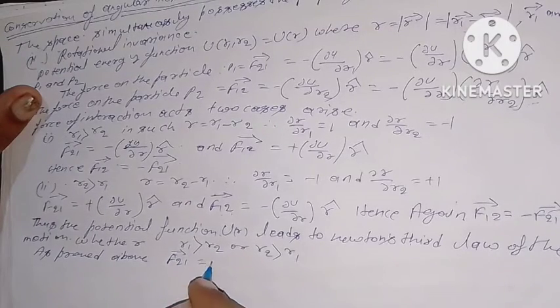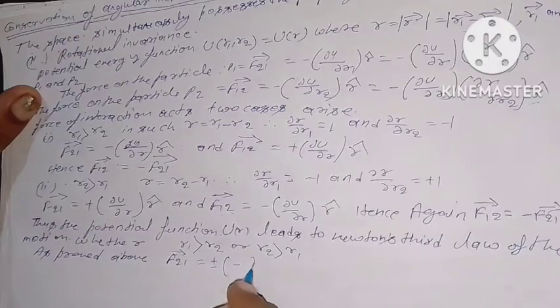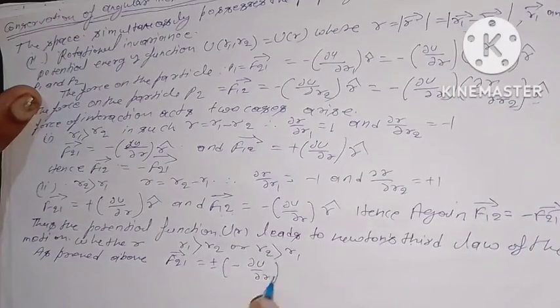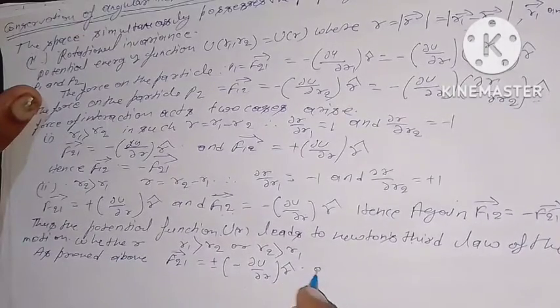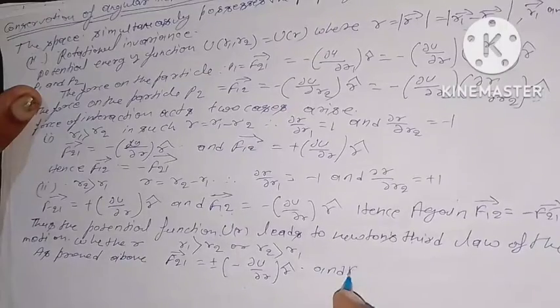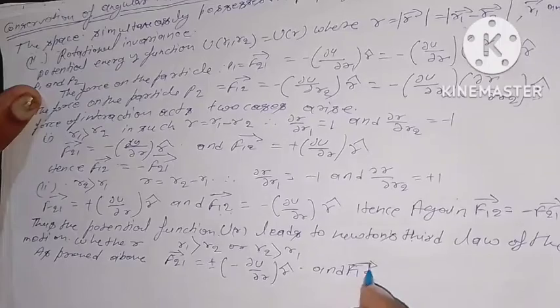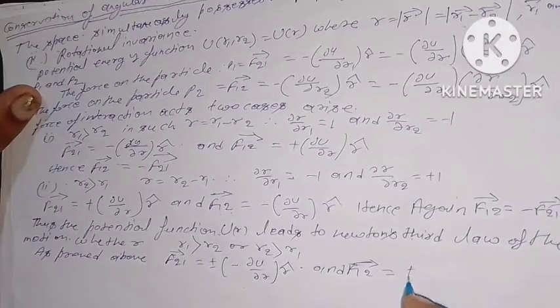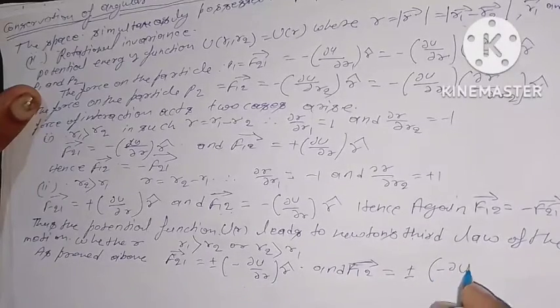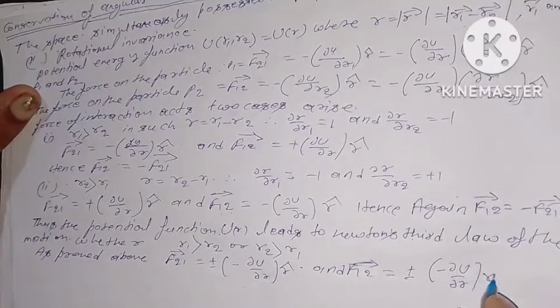F21 vector equals plus or minus del U upon del r, unit vector r, and F12 vector equals plus or minus del U upon del r, unit vector r.